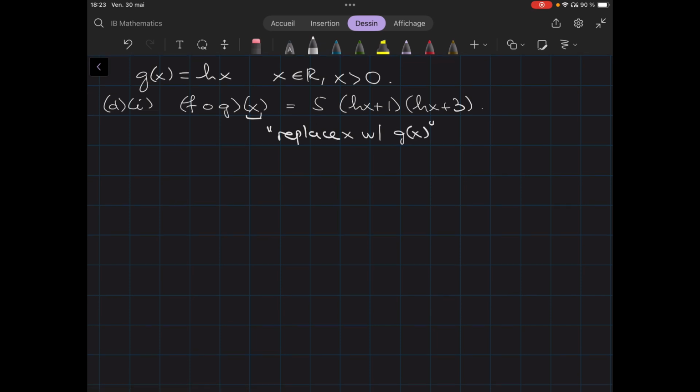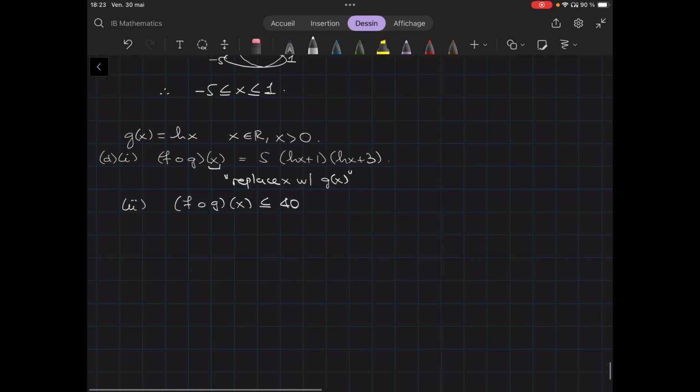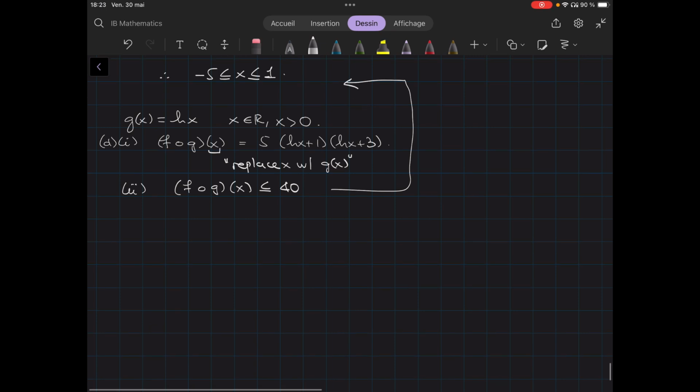In part 2, you're now asked to solve the inequality f of g of x is less than or equal to 40. Looking back at the previous part, we can see that this inequality is true whenever ln of x is between -5 and 1.